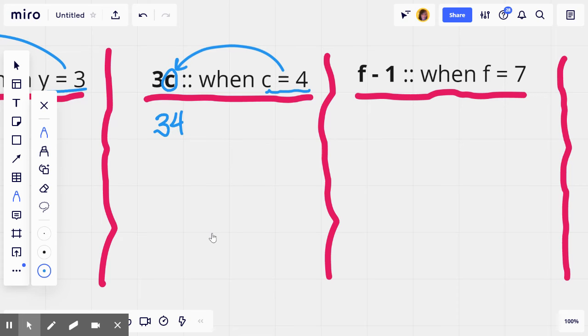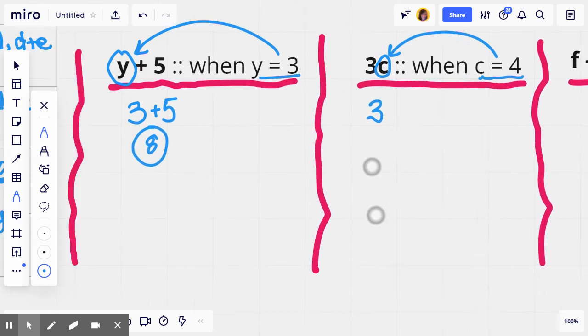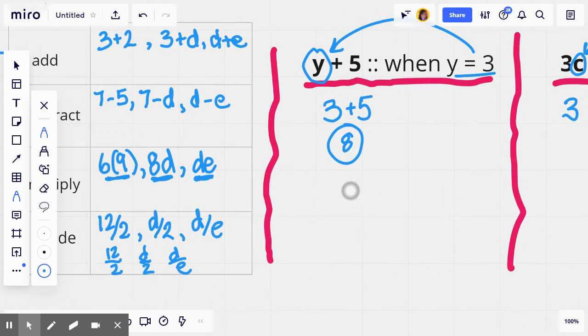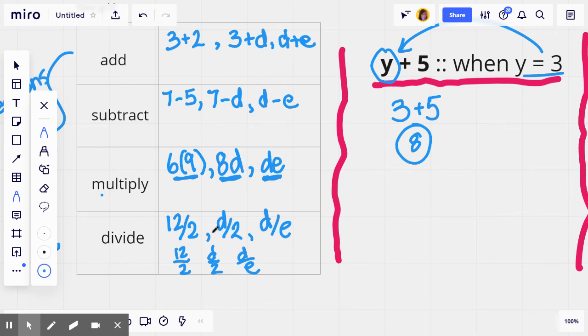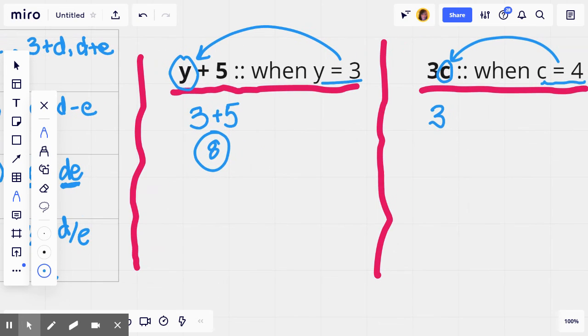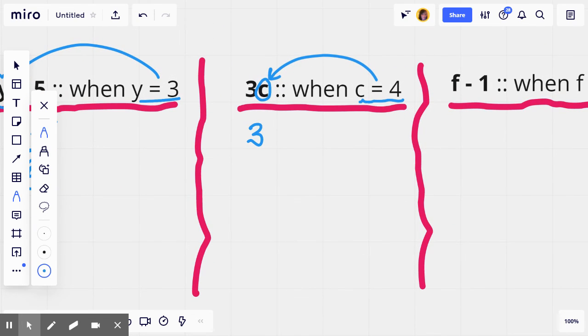So again, you need to remember, how do you show multiplication when it's just numbers? We can kind of slide back to our little table, and it will show us. If I need to show multiplication and I just have numbers, I need those parentheses. Okay, so let's go back here. And there we go. So I'm going to show 3 times 4. That means I need to use the parentheses because that's how we do this in algebra. Okay, and then 3 times 4 is 12, and I'm done.